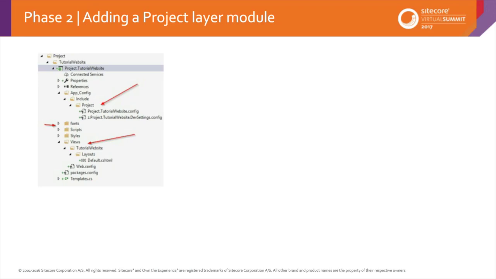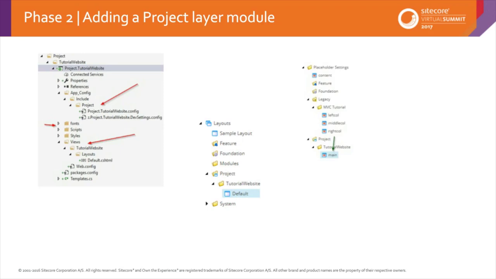Also created a new layout, copied the layout from the legacy code. It's called default CSS HTML. Within Sitecore, define this layout, define placeholder settings, and so on.